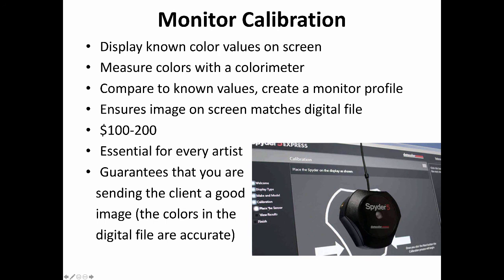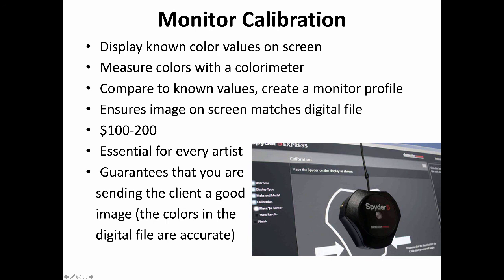And just like with the printer, the software compares the colors that were displayed on screen with what they know the colors were supposed to look like, and it generates this thing called a monitor profile, which is going to make small adjustments to the way the monitor displays color to compensate for any inaccuracies in what it was displaying. So if the monitor is displaying a little bit too much green, the profile then tells the monitor to slightly reduce the amount of green, and this ensures that the colors display accurately.